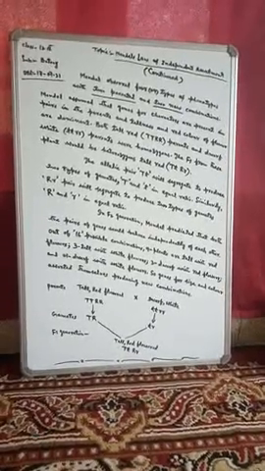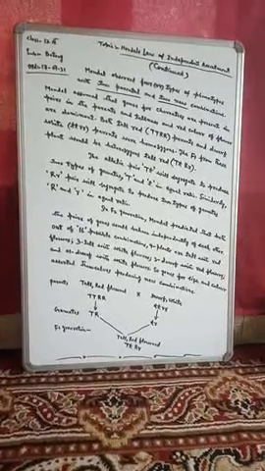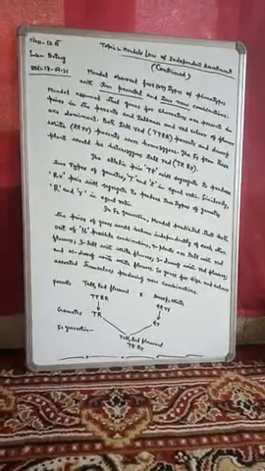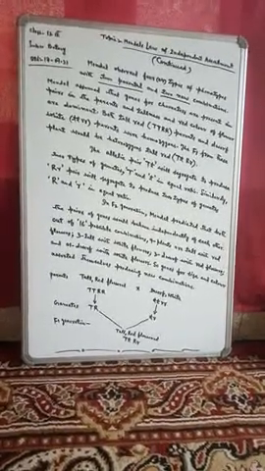Both tall red, which is denoted by capital T, capital R, and dwarf white, represented by small t, small r, parents were homozygous. These were homozygous.